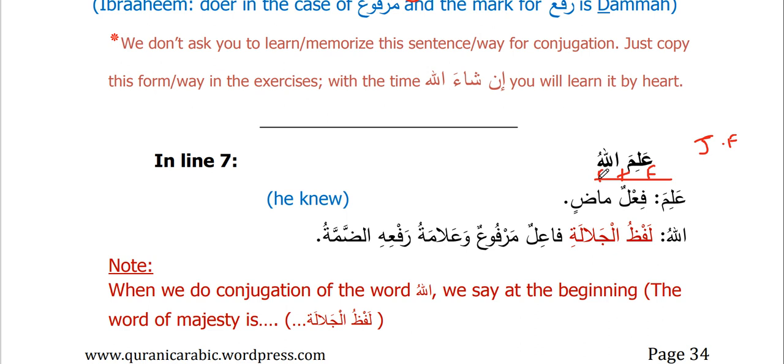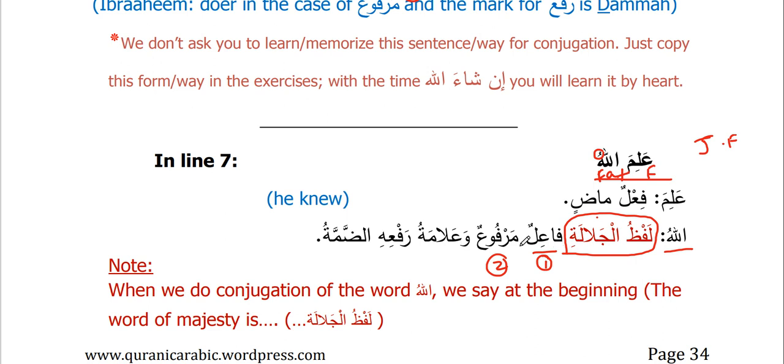What is the proof? The dhamma is the proof. So alima, you will explain as fi'l madi. Allah, you will say lafzul jalala. Add this every time. Fa'ilun, number one point. Marfu'un, second. And what is your proof that it is in marfu' case?